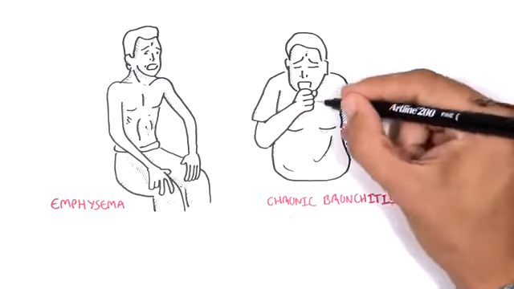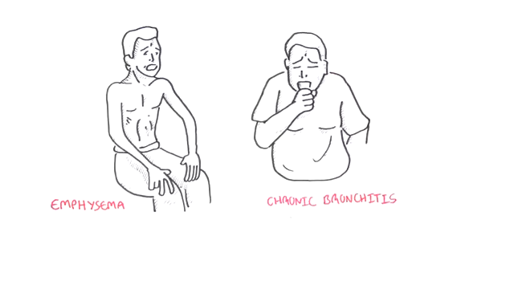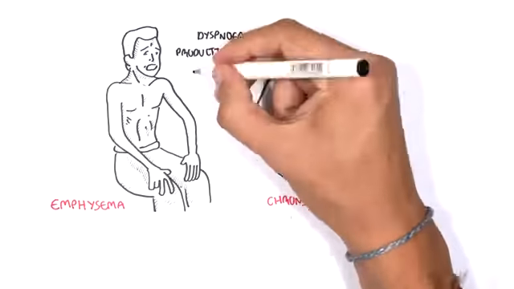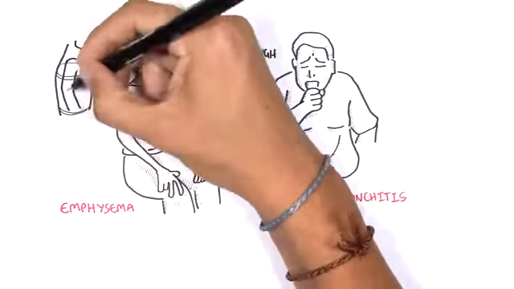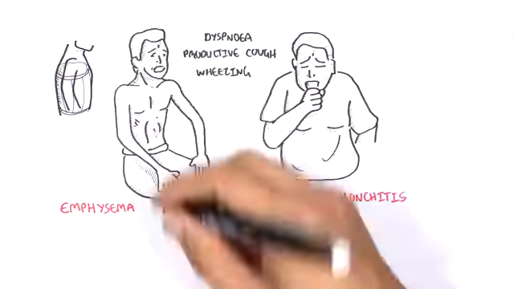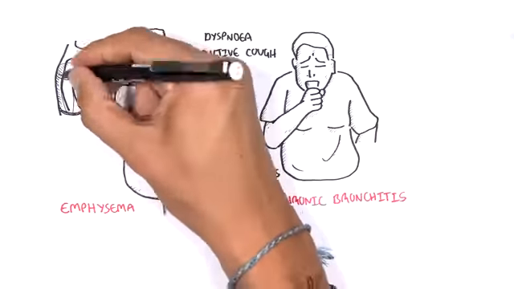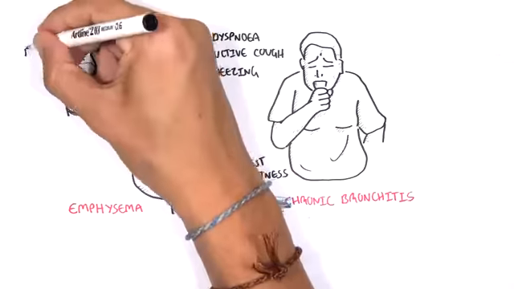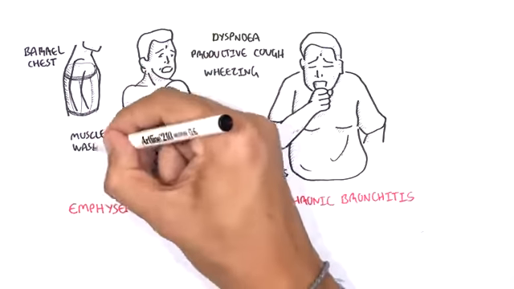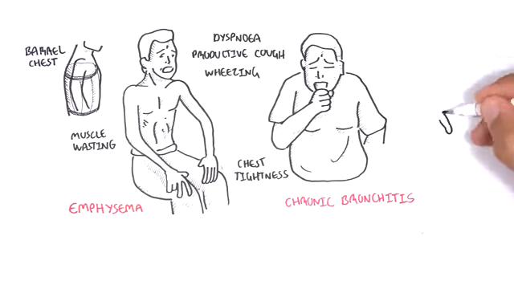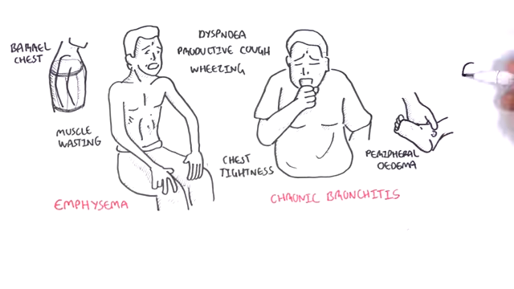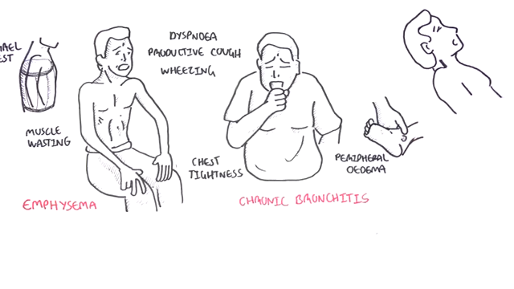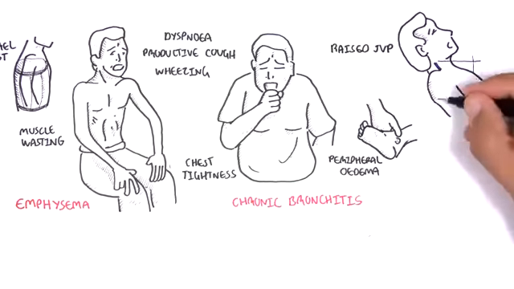Some signs and symptoms in emphysema and chronic bronchitis include dyspnea, difficulty breathing, having a productive cough, and chest tightness. Patients with pure emphysema have a barrel chest, muscle wasting, as well as pursed lips. Patients with pure chronic bronchitis can have peripheral edema and a raised JVP due to a potential right-sided heart failure.